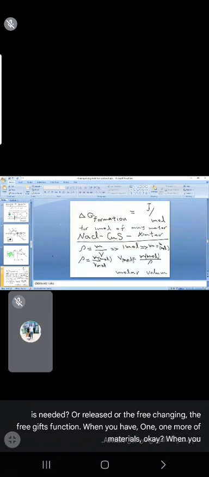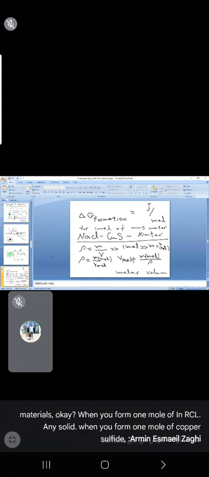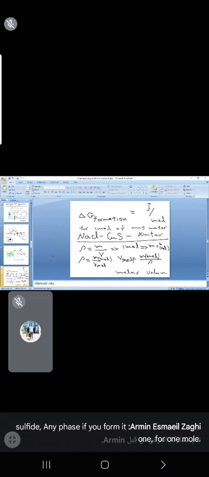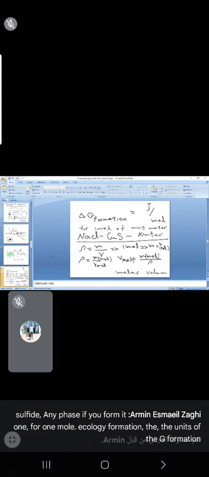When you form one mole of NaCl, any solid, when you form one mole of copper sulfide, any phase, we call it G formation. The unit of the delta G formation is joule per mole.